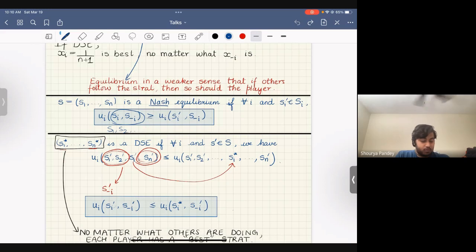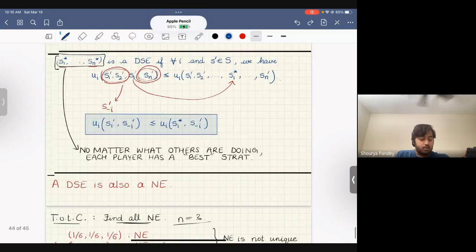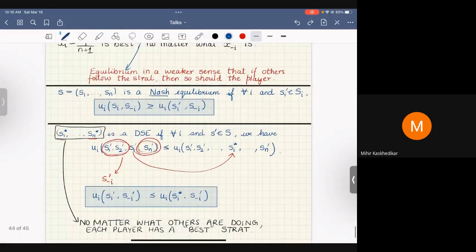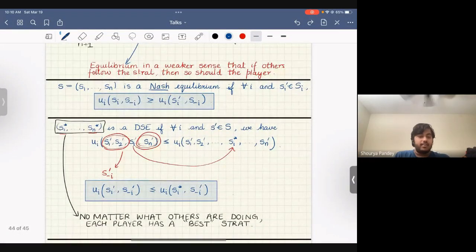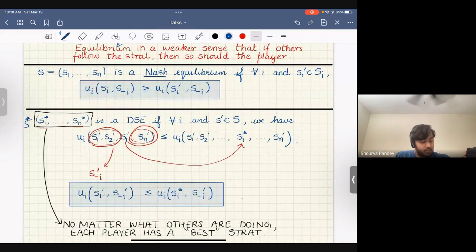Nash equilibrium is only about one vector. DSE is also about one vector actually, but it sort of behaves individually for each of them. But this is also for this, right? S star equal to this is a DSE, right?